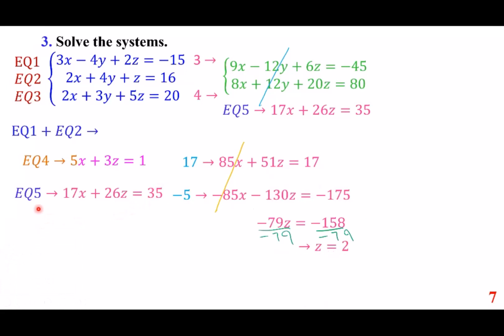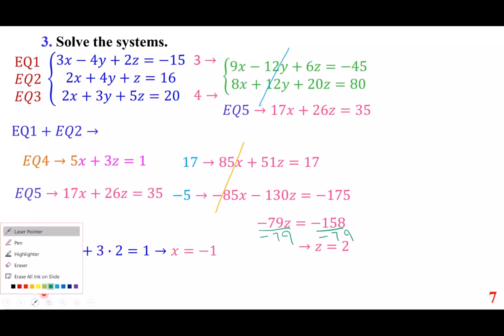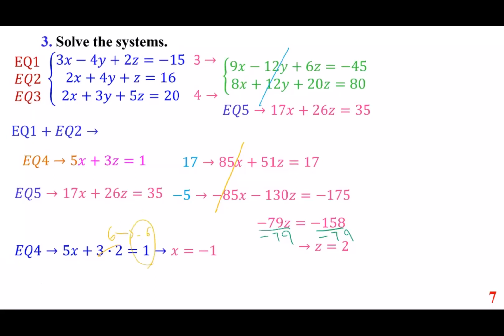Now you have to go back to either equation 4 or 5 to find the x. For example, this one is 5x plus 3 times 2 equals 1. And this is 6, of course. And this gives you -5. Divide by 5, x becomes 1.